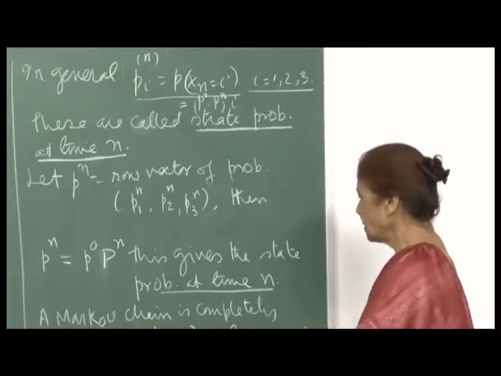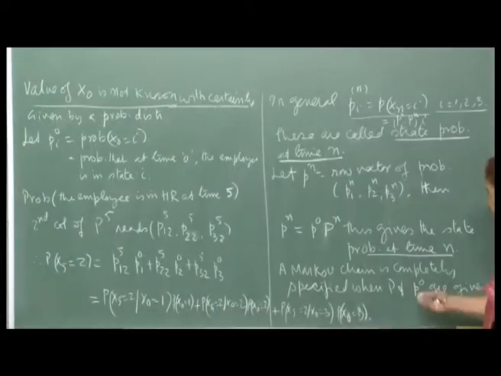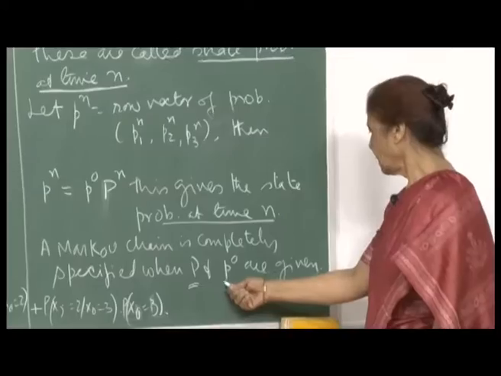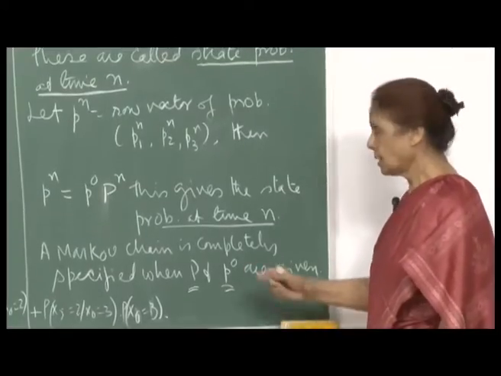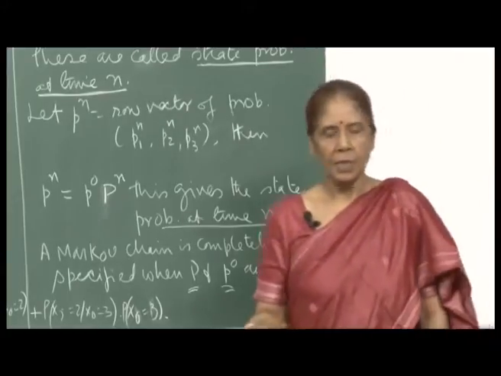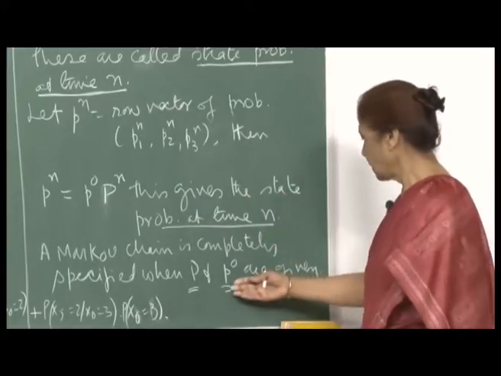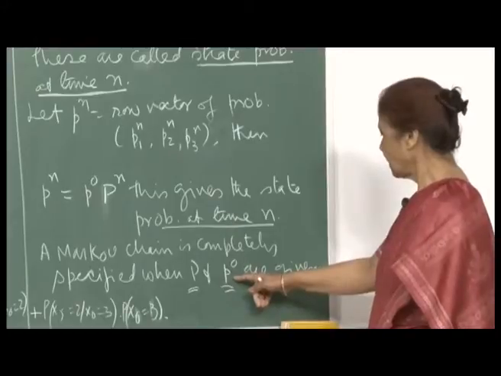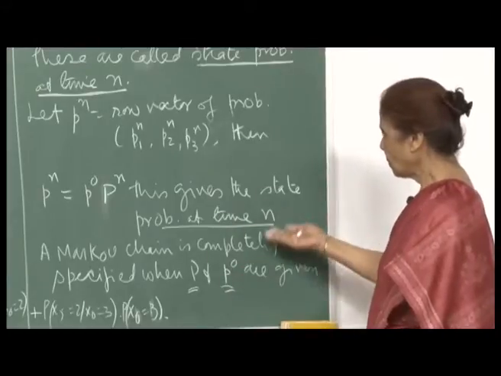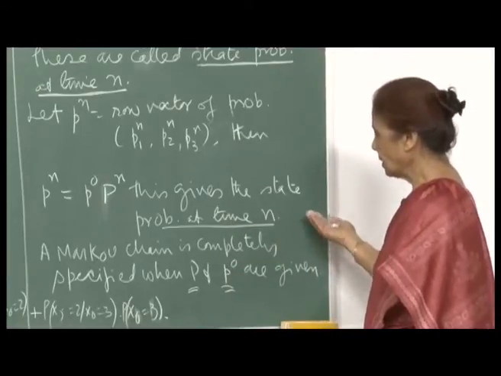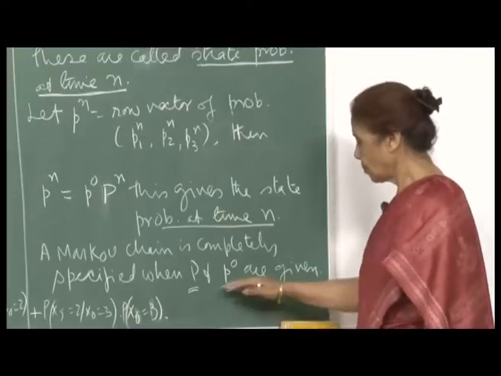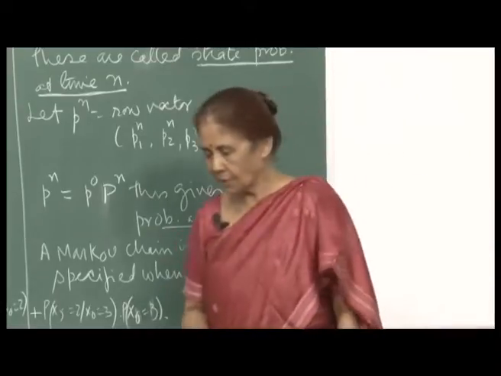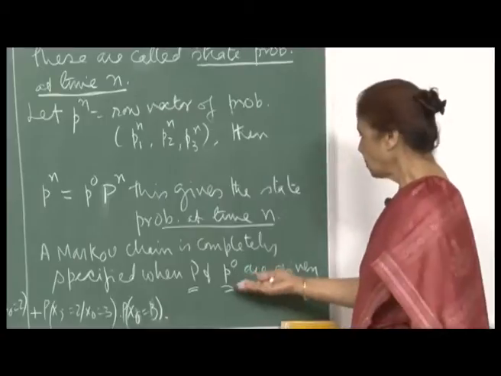Now, the Markov chain is completely specified when you are given the first step transition matrix P and the initial probabilities of the system being in a particular state. So, P naught is the vector which gives you P naught 1, P naught 2 and P naught 3. These are the probabilities of the system initially being in state 1, 2 or 3.